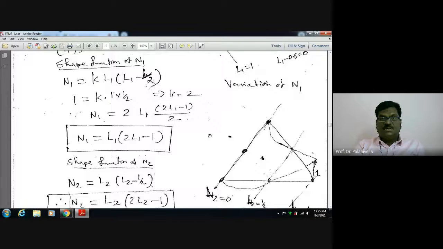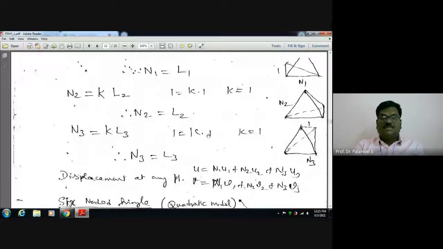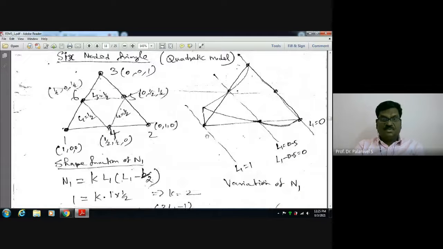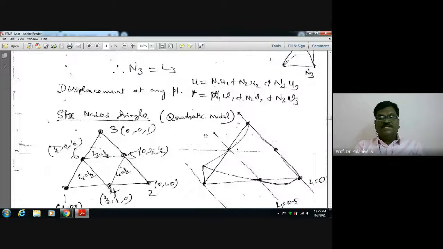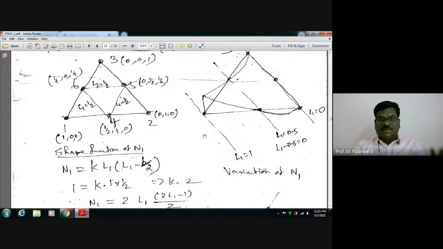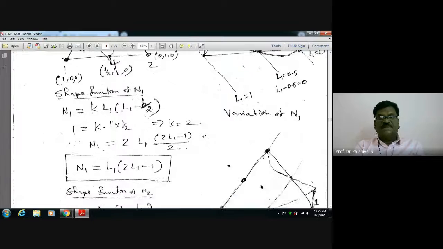That's all about the formulation of element properties for the triangular element. For a 3-node triangular element and a 6-node triangular element, how to develop the shape function in terms of the natural coordinate system, L1, L2, L3 system. I told you how you get this L1, L2, L3 from area coordinates. They are area coordinates, right?